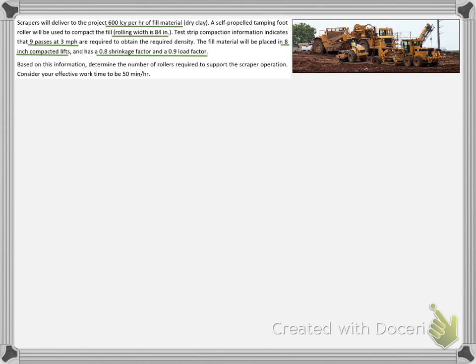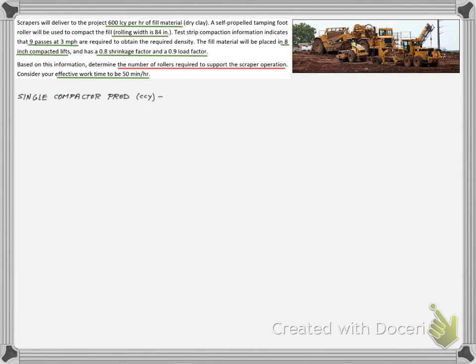We are given the compaction requirements, the roller width, the fill lift thickness, and the soil load and shrinkage factors. We need to calculate the number of rollers needed to match the hauling rate, knowing that they will be effective 50 minutes per hour.